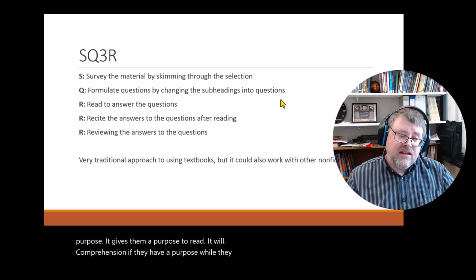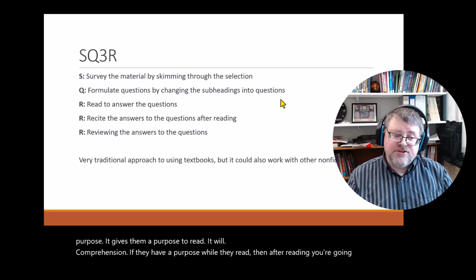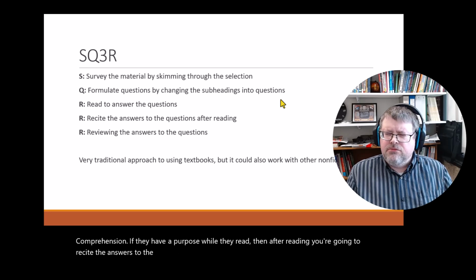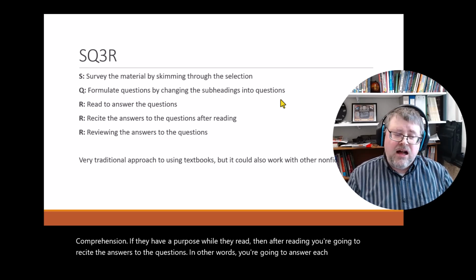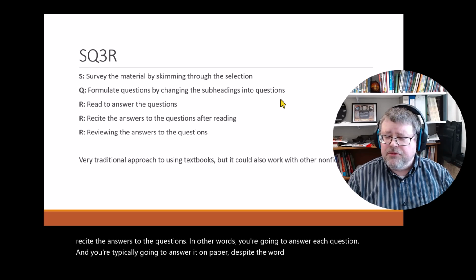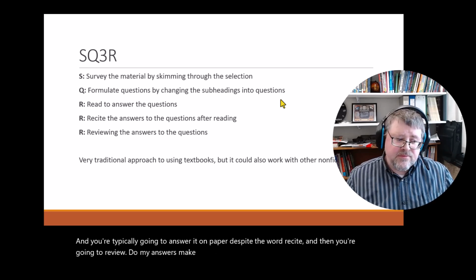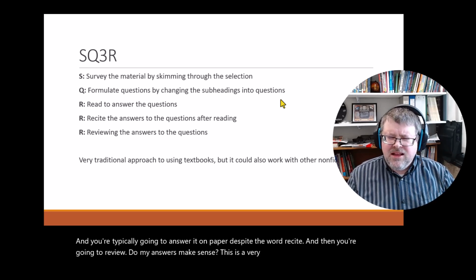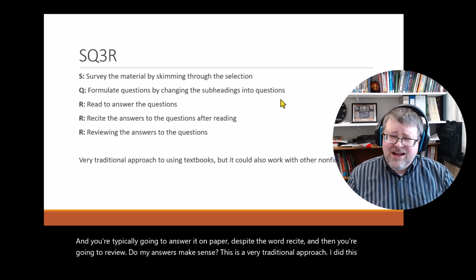Then after reading, you are going to recite the answers to the questions. In other words, you're going to answer each question. And you're typically going to answer it on paper, despite the word recite. And then you're going to review, do my answers make sense? This is a very traditional approach. I did this in school.